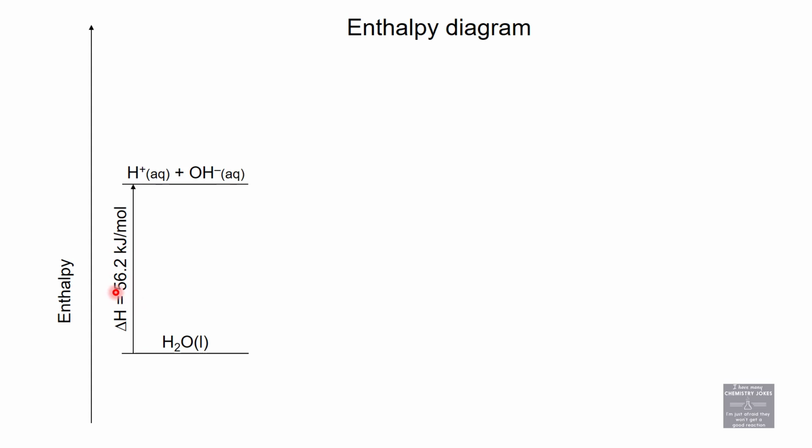The energy input I can look up in a table says that requires 56.2 kilojoules per mole. I could do the same thing if I talked about coming from solid water, going up to aqueous ions of H plus and OH minus. I would add this number and that number together, and that would tell me how much energy the whole transition from solid to aqueous ions would be.